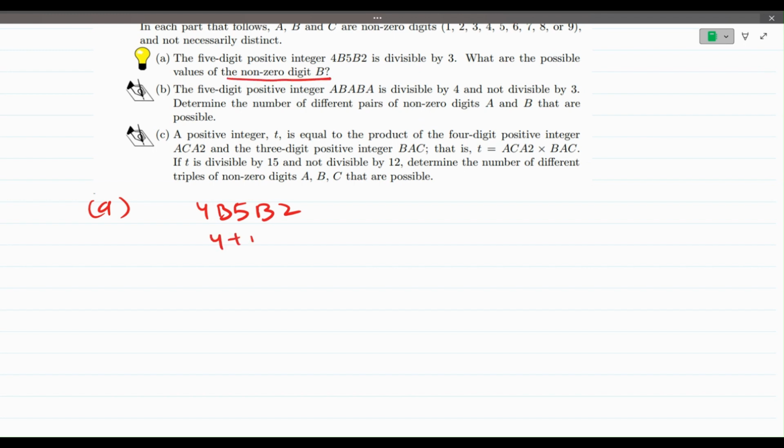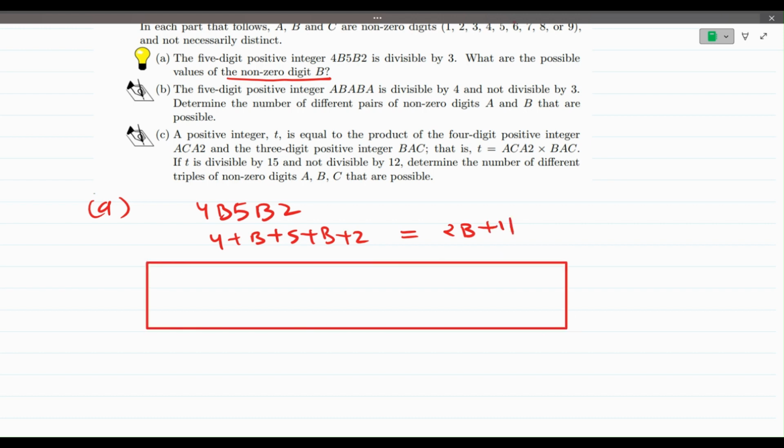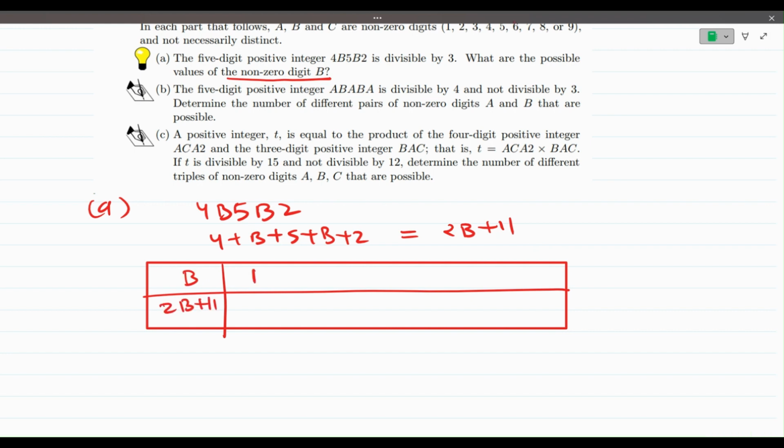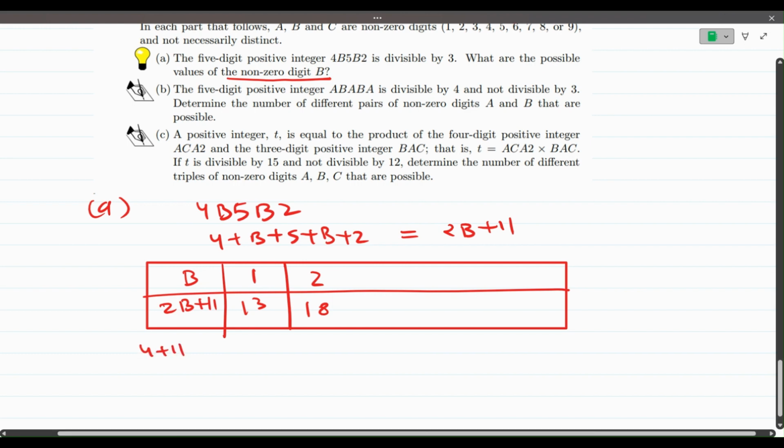So we add all the digits and we get 2b plus 11. Now we substitute b with the different digits and we see whether we get a multiple of 3 or not. So if b is 1, this is 13. If b is 2, that's 15.